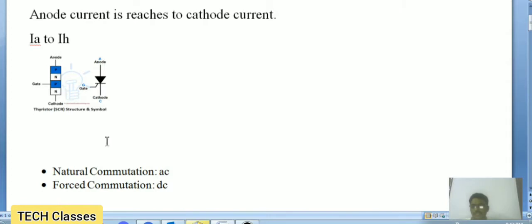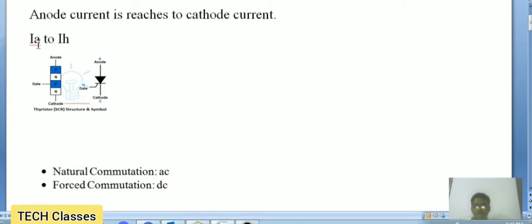To make the anode current reduce to the holding current, we need these commutation methods. Commutation is nothing but an external circuit arrangement. By using the external circuit arrangement, we can apply the reverse voltage to the SCR. This reverse voltage causes a reverse current which is opposite to the main anode current.